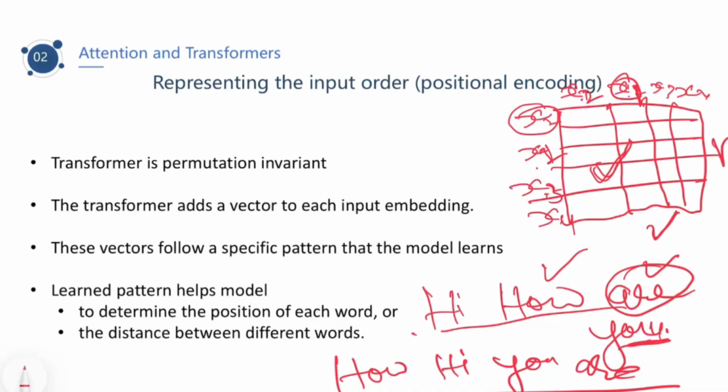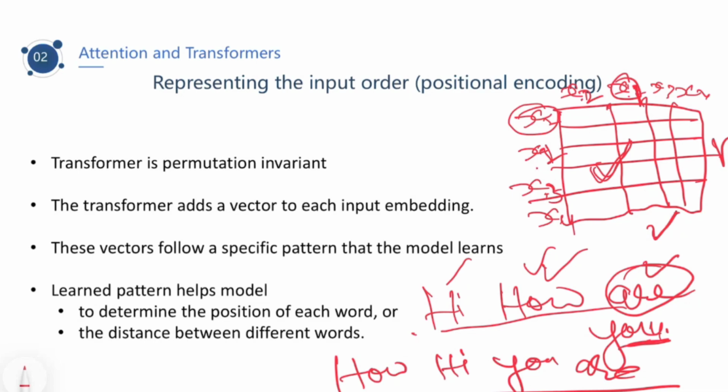And since the transformer is not considering that, why should we not involve this order information? It is very, very crucial information, because this will help the model. Once we give the order information, you can determine the position.